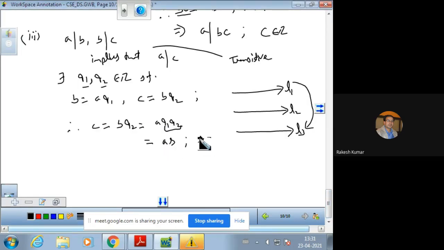So we can name it S, equal to Q1Q2, another integer. So C is equal to AS, and we can say that C is a multiple of A. So A divides C. This is the result we have. In this way, we can prove the results of divisibility.